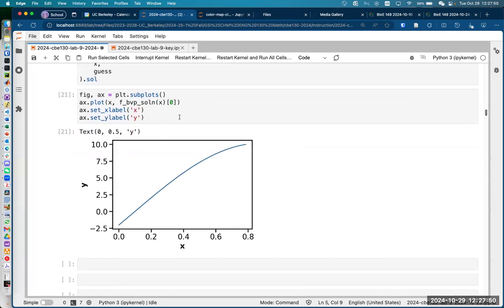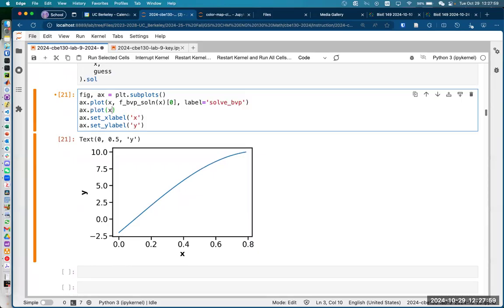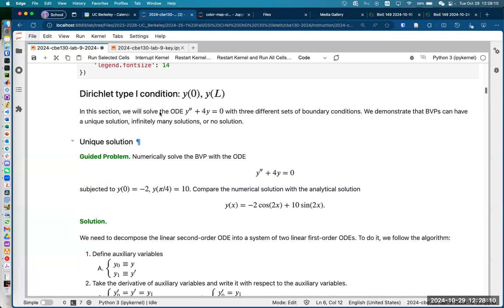So we can also plot the analytic solution and label them. So X, F analytic, evaluate at X, and label it with analytic solution. No, I haven't run it.